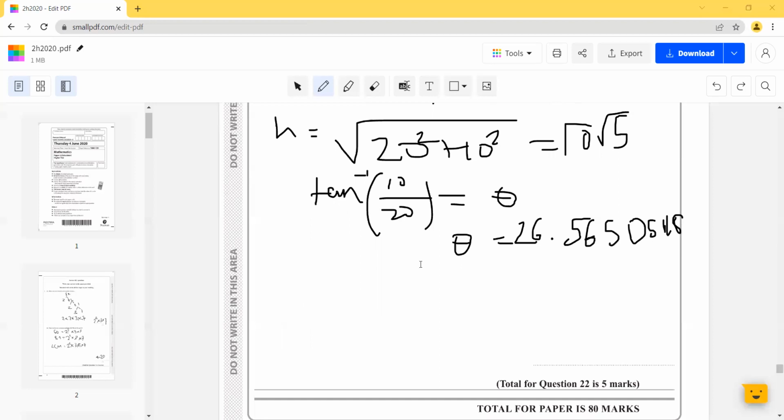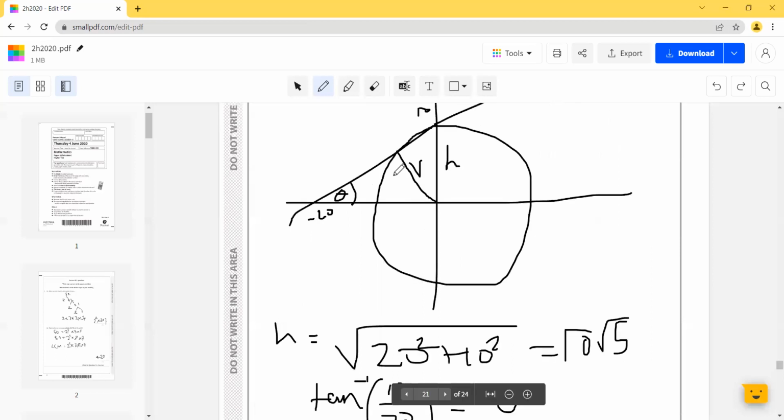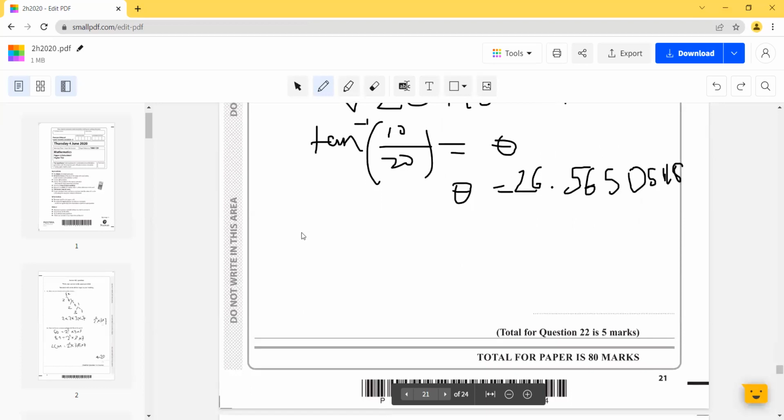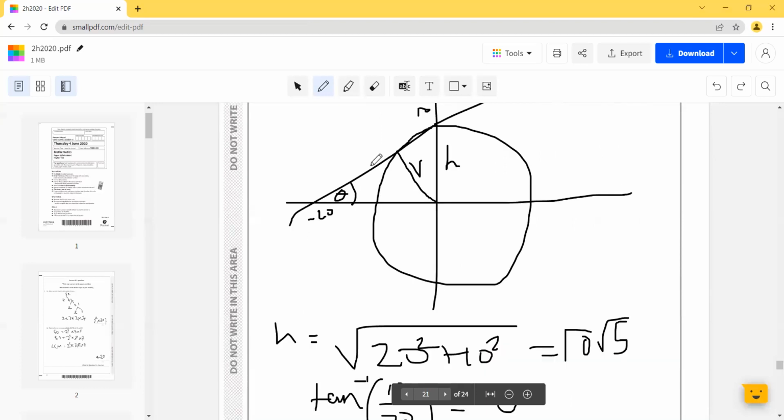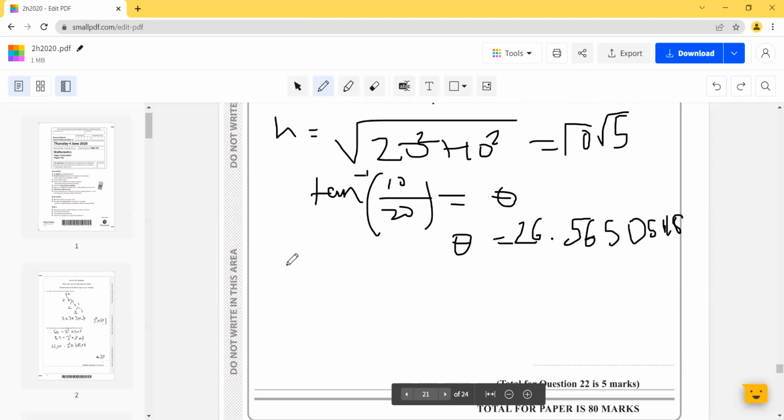But I can just use this triangle. So I have the opposite and I have 20. Let me draw out the triangle again.